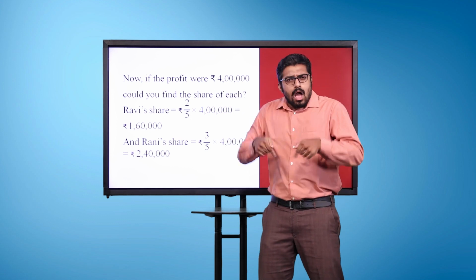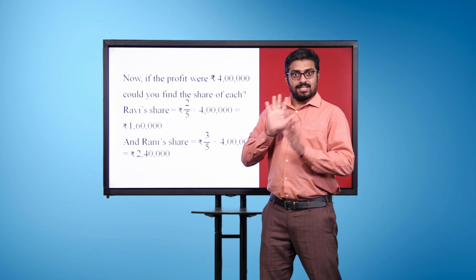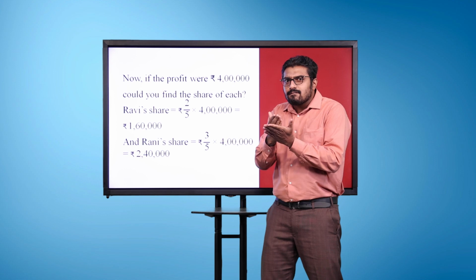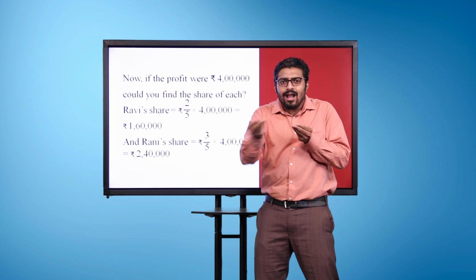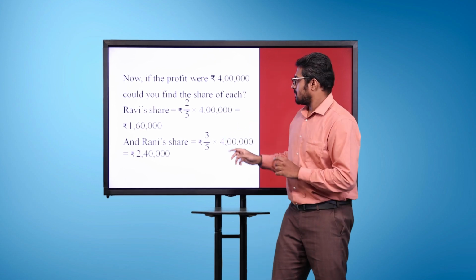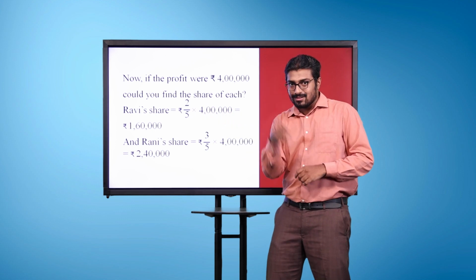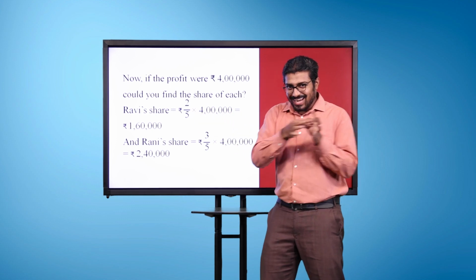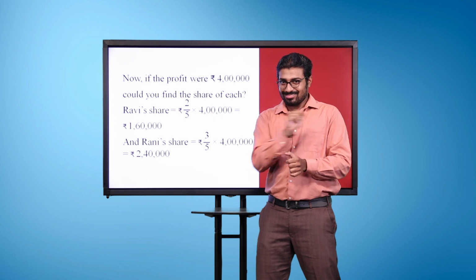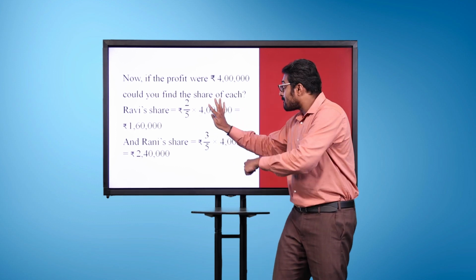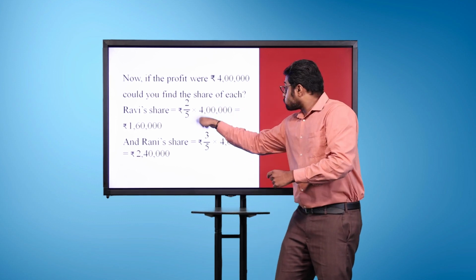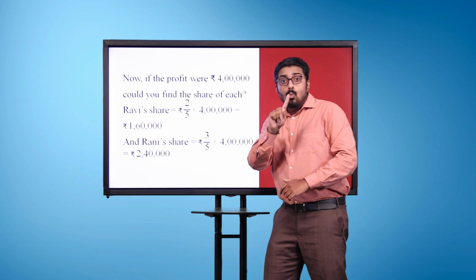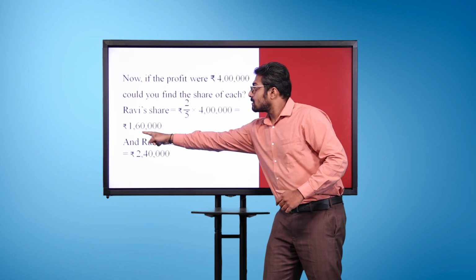Now, if the profit were 4 lakh rupees, could you find the share of each? Ravi's share is equal to rupees 2 by 5 into 4 lakh, which is equal to rupees 1,60,000.